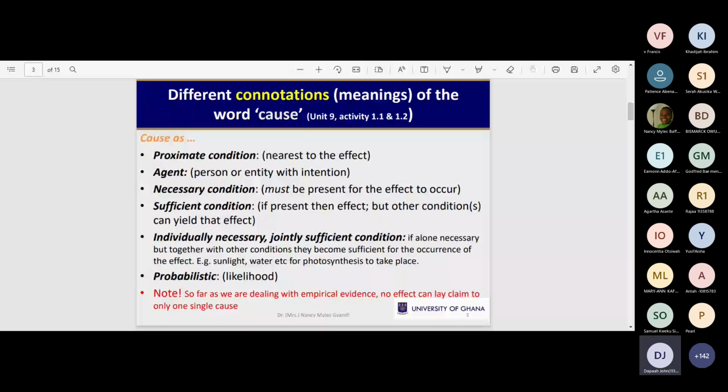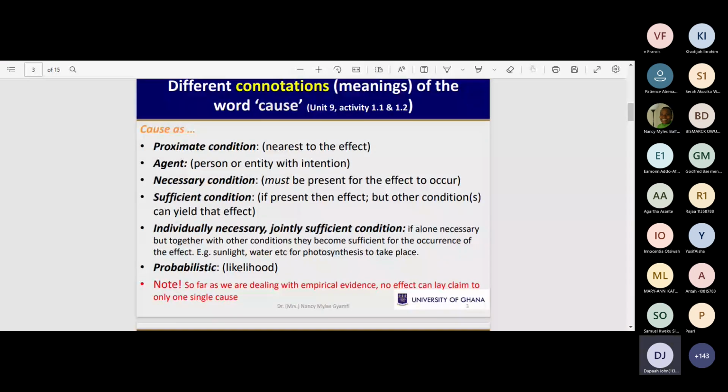Sufficient condition: if present, then the effect follows, though other conditions can also yield that effect. Individually necessary, jointly sufficient condition: alone, necessary, but together with other conditions, they become sufficient for the occurrence of the effect. Example: sunlight, water, etc. for photosynthesis to take place.